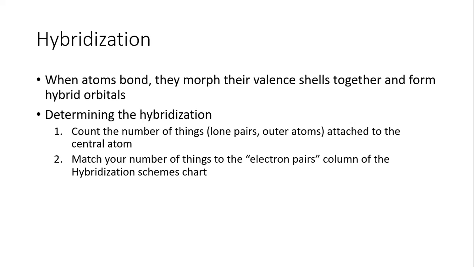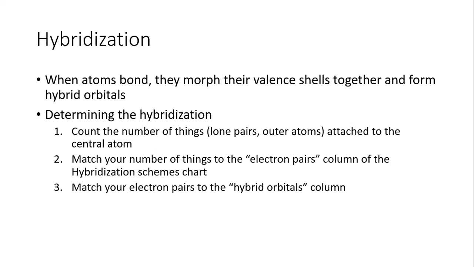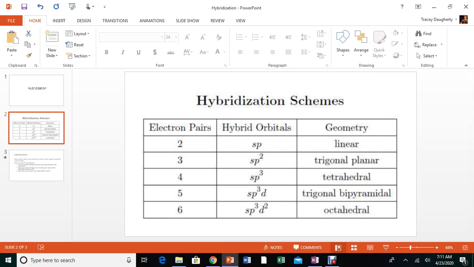And all you have to do is match your number of things to the electron pairs column of your hybridization schemes chart, and then match your electron pairs to the hybrid orbitals column. So very literally, you are using this chart, you're counting the number of things which you match to this electron pairs column, and then you just match to the hybrid orbitals.